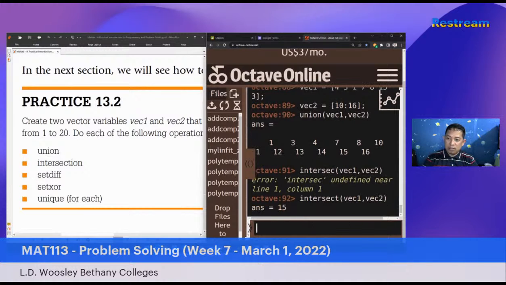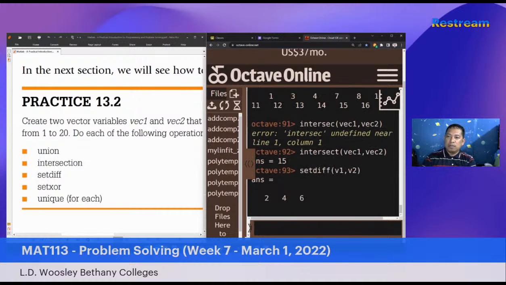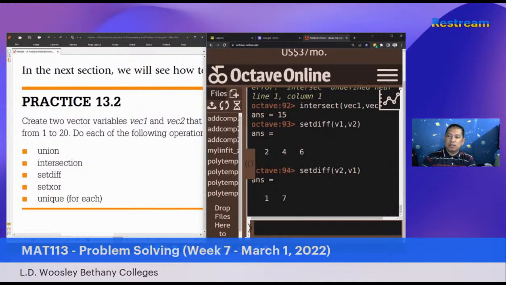Intersect: 15. Isa lang. Then setdiff of vec1, vec2. Then setdiff of vec2, vec1.